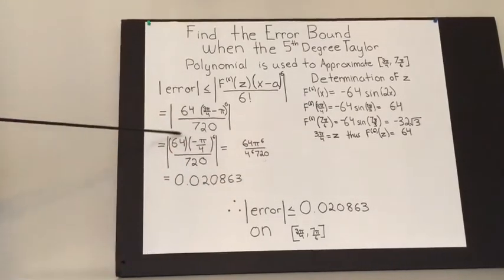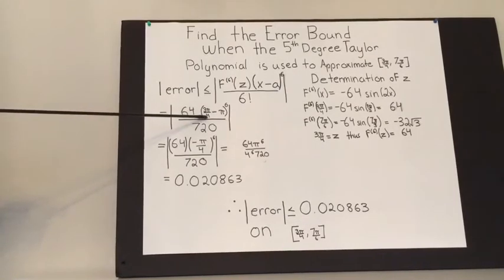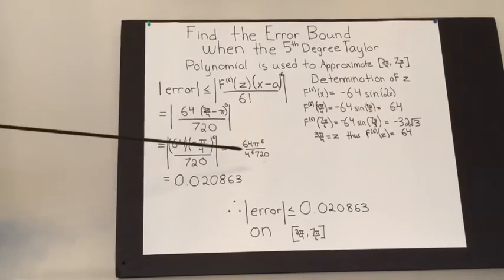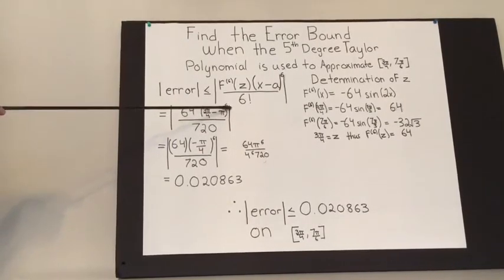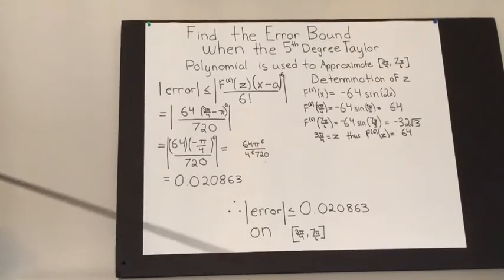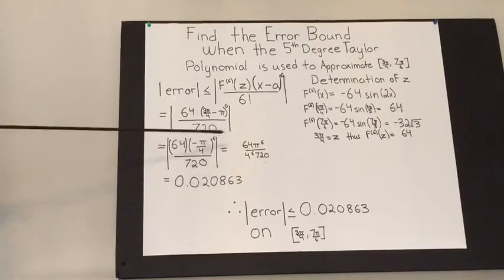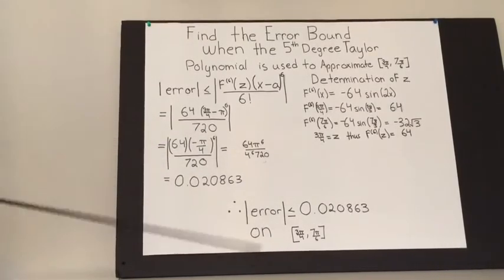Now I come back over here, and we have 64 times x, which is the z value we found, or if you're approximating a certain number, it would be that, minus a, to the sixth power, again, because we're going 1 power above what we're trying to estimate for, divided by 6 factorial.